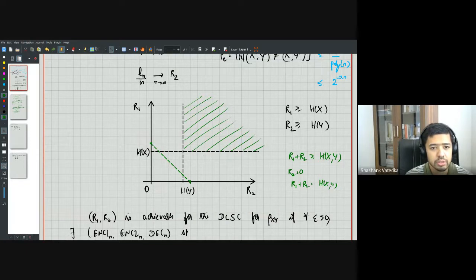If you had to draw this in this figure over here, then it would look something like this.